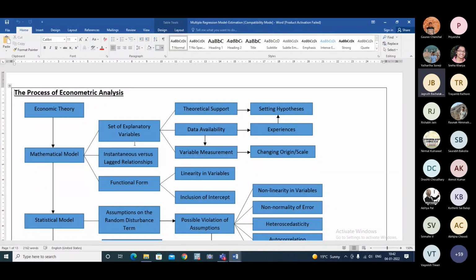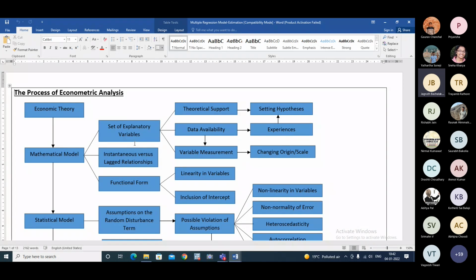What we study in theory, based on that, we define the mathematical models. But often we may also be constrained by availability of data.